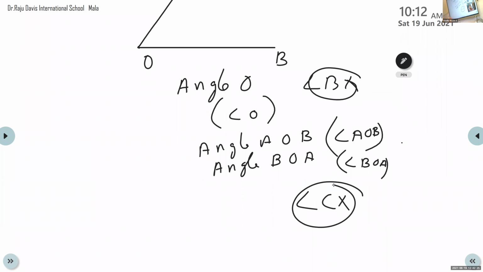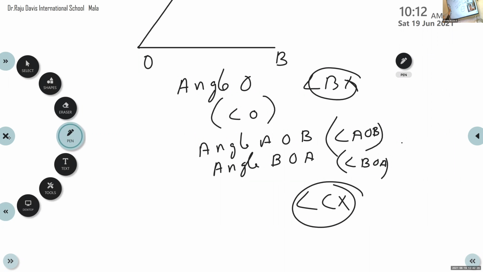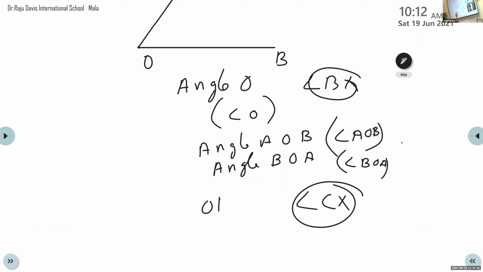However many angles you are given, you can change the letters from A, O, B, but you cannot write O, B, A. That is wrong, because whatever comes at the center should be the vertex. That will be the name of this angle.